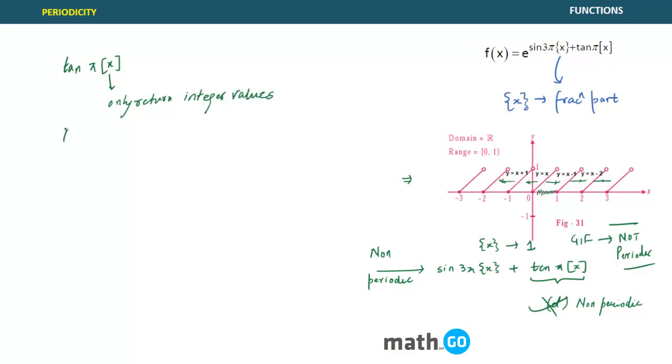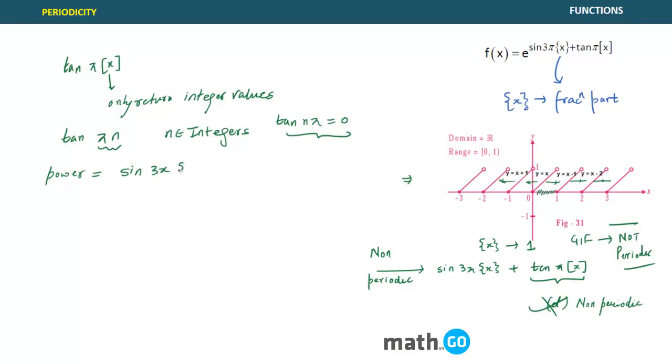So I can say it is tan pi n, where n belongs to the set of integers. And what is tan n pi? We know that tan n pi is always 0. So actually this component is not there in the power. So what is your net power? It is actually only this component.